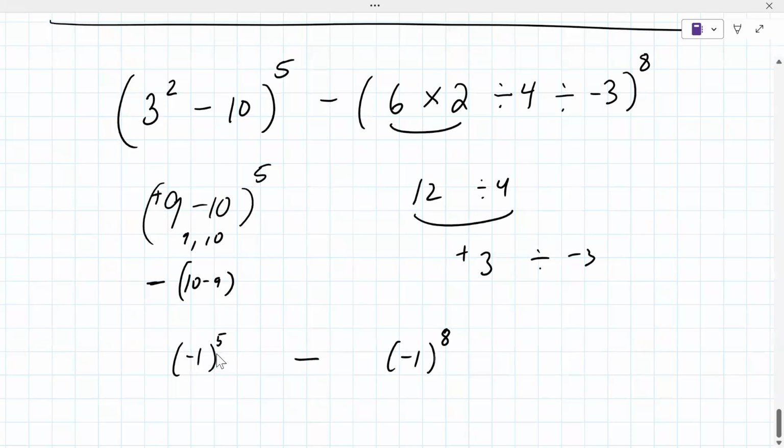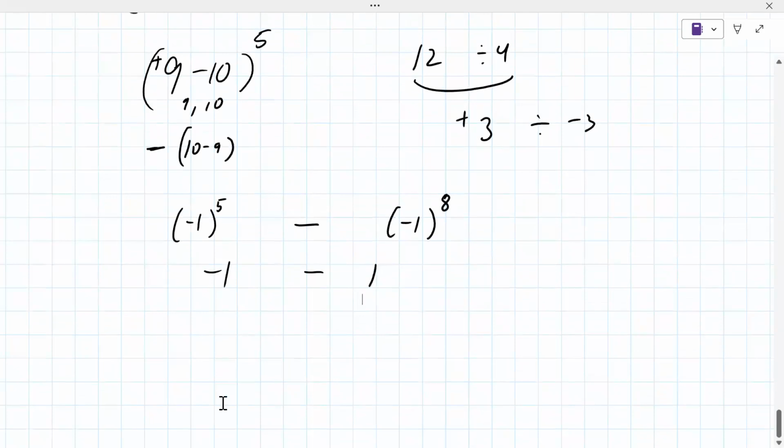What is -1 to an odd power? -1. Okay. What is -1 to an even power? +1. Okay, now are these same sign or opposite sign? They're the same sign. They're both negative.